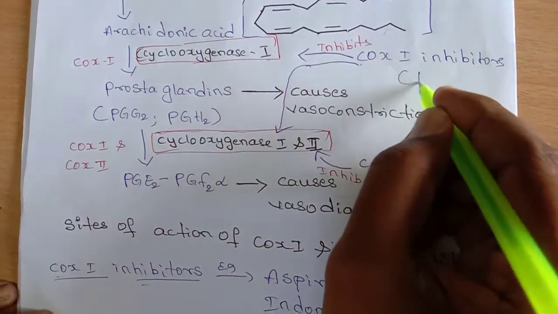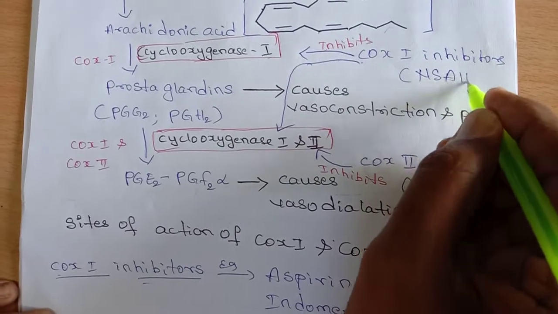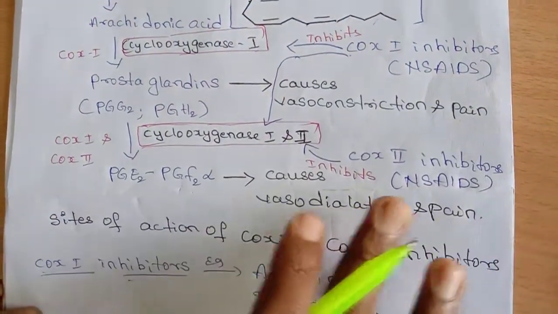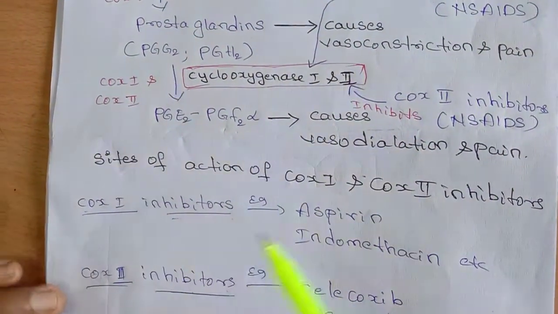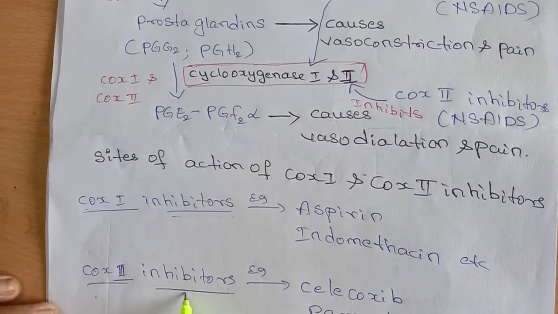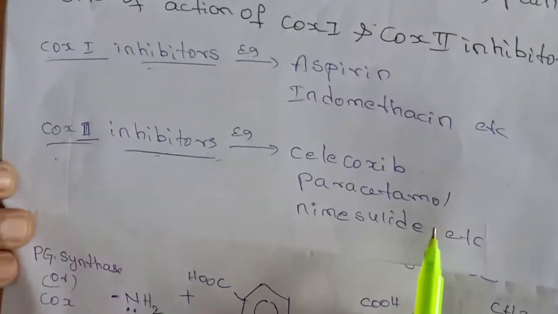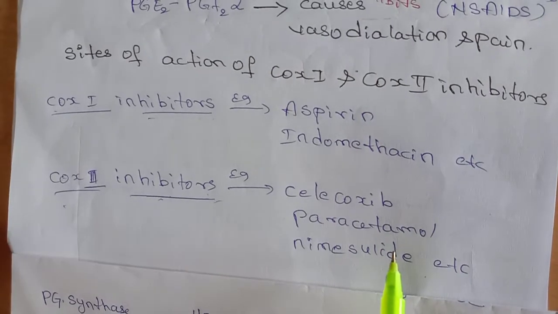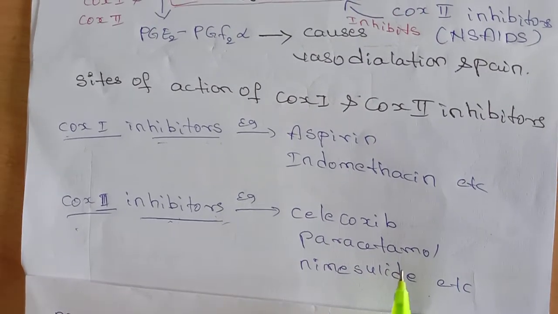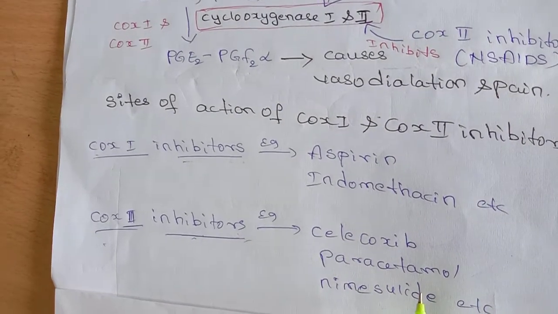Based on their mechanism of action, they can be categorized as COX-1 inhibitors and COX-2 inhibitors. So this is in brief the mechanism of action of non-steroidal anti-inflammatory drugs.